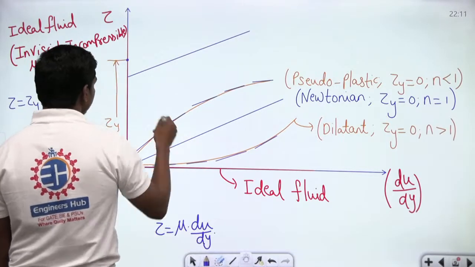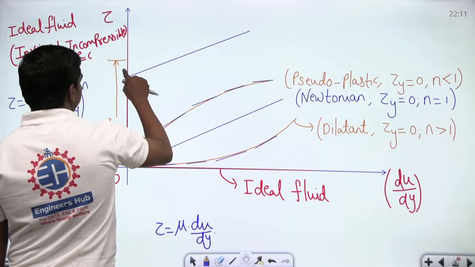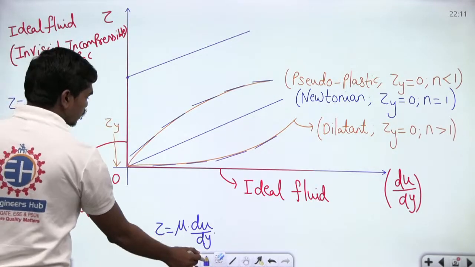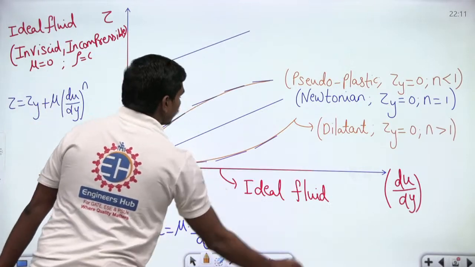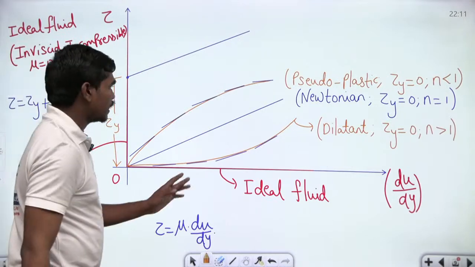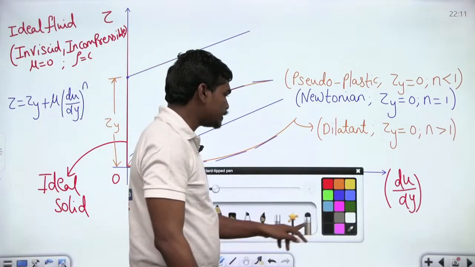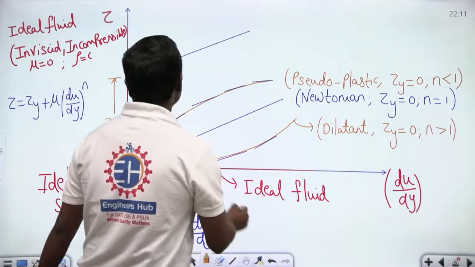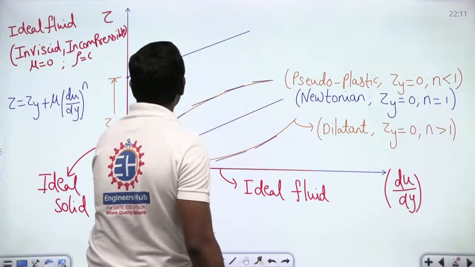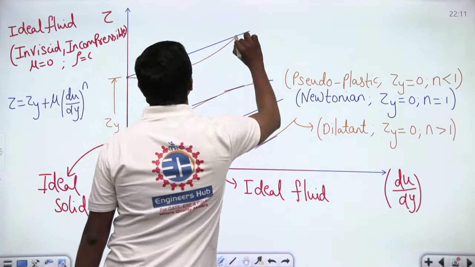Okay, this point settles here. So your tau y is still here, so your yield stress is something till here. Now if you try to plot these rheopectic fluids on this graph, let us try to plot this.